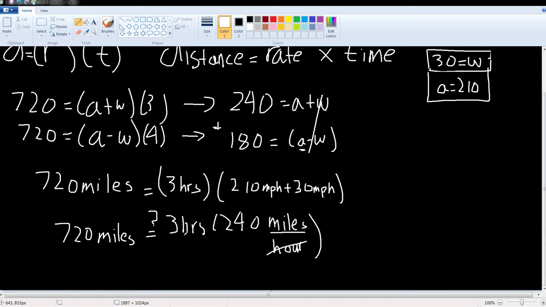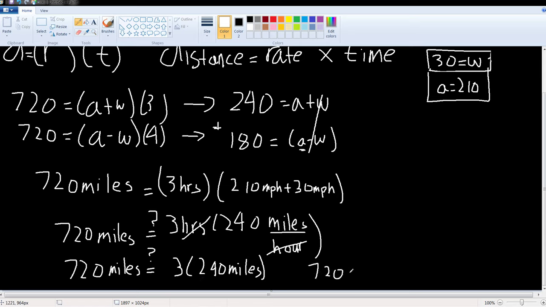The hours cancel out, then we're just left with 720 miles is equal to 3 multiplied by 240 miles. And then we can see that 3 times 240 is 720, so 720 miles is equal to 720 miles.